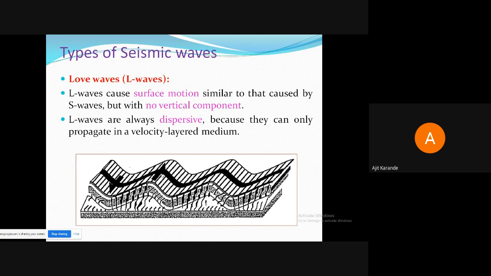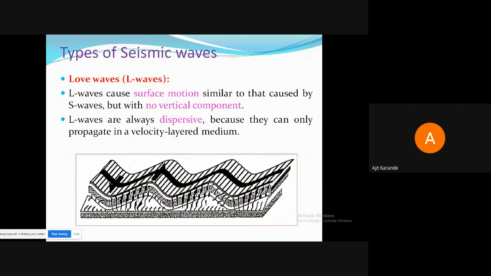Here you can see one image. In this image you can see the topmost portion of the earth just moves in a zigzag fashion, and the underlying portion of the earth surface is as it is. It will not deflect, it will not move in either the horizontal or vertical direction.